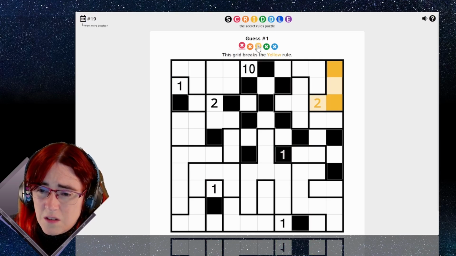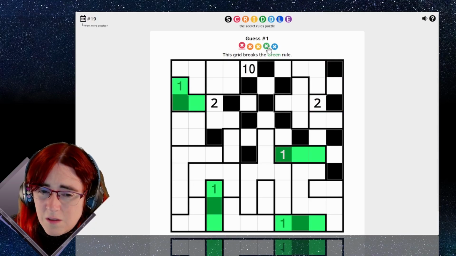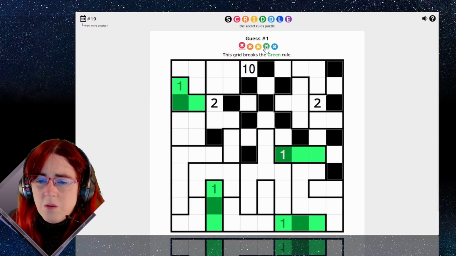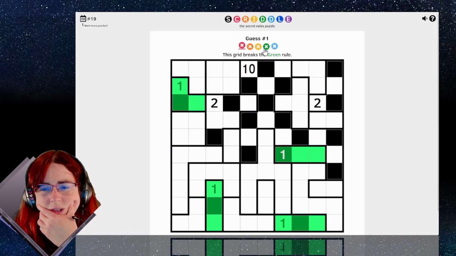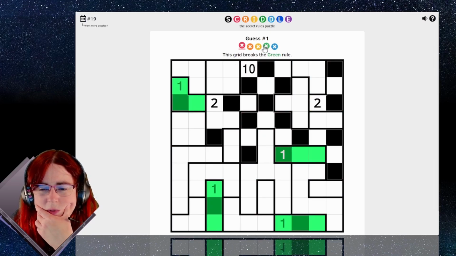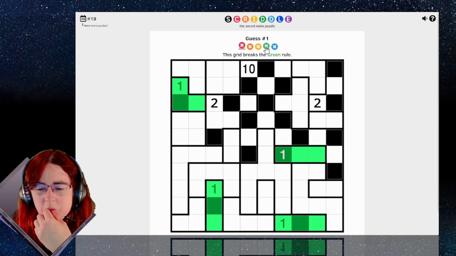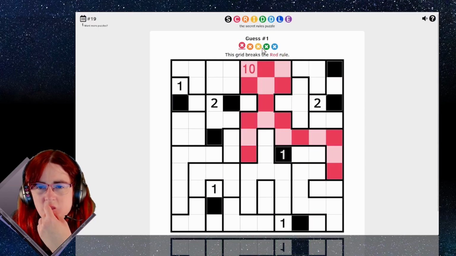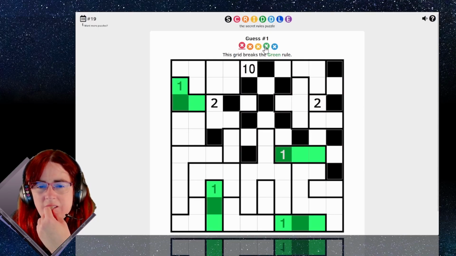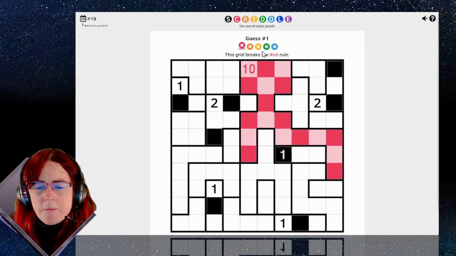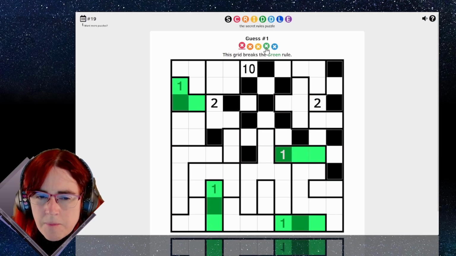Yellow. Huh. Strange one. Oh, the yellow and green rules seem to be cooperating, to be doing a different thing. So the green rule didn't like any of our 3-cell rooms.